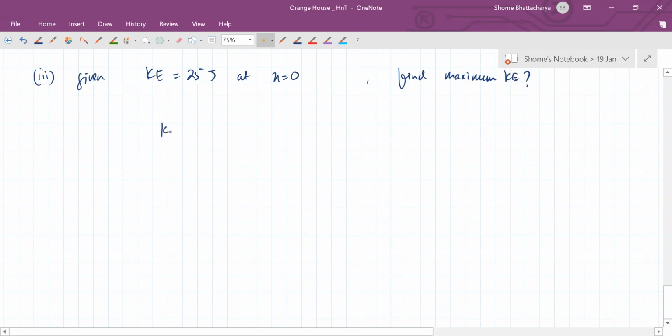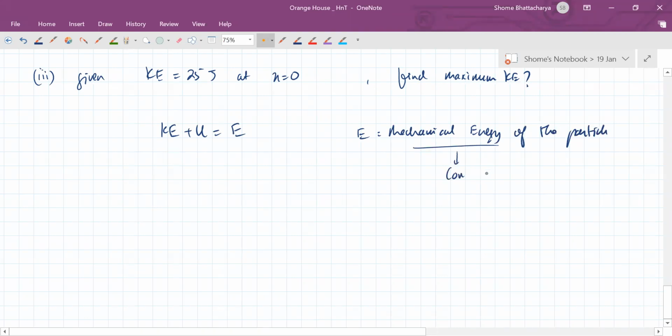So we can see that the sum of kinetic energy plus potential energy is the total mechanical energy of the particle, which is constant. So you can see that given at x equal to 0, the kinetic energy is 25 joules. That's just given here. And what about the potential energy?